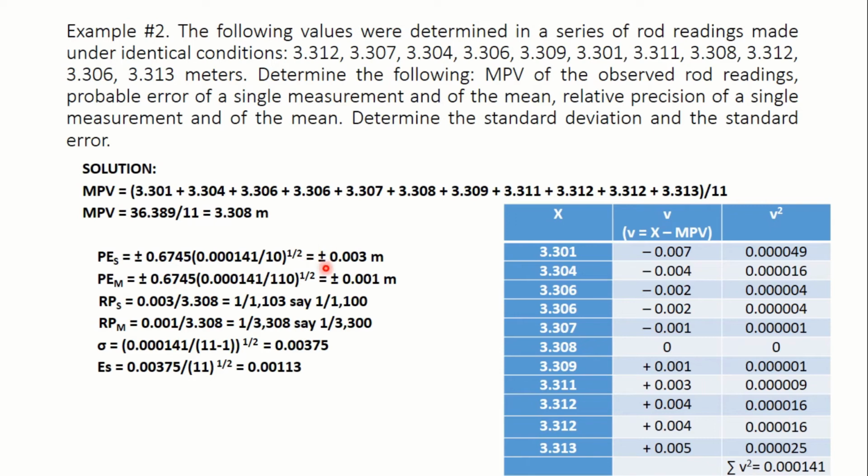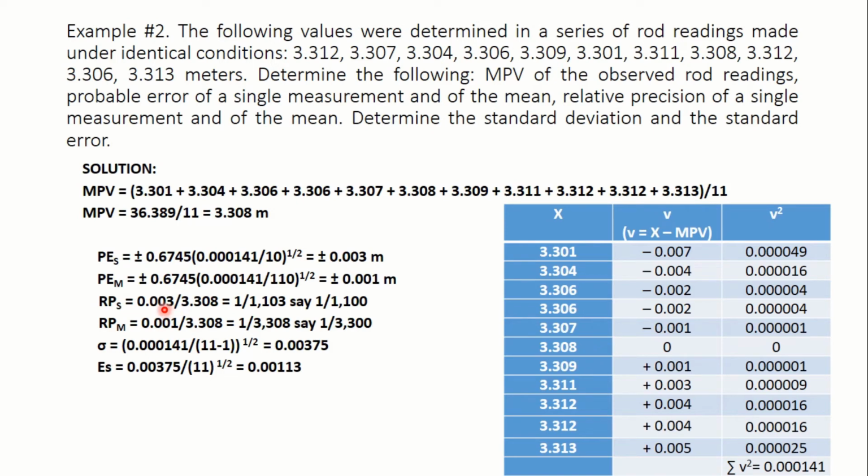So, either positive or negative. Ayan. Ganon din naman sa probable error of the mean. Okay? So, ito naman sa kanya, 0.001. And the relative precision ay 0.003.